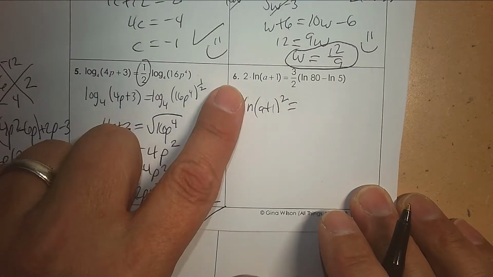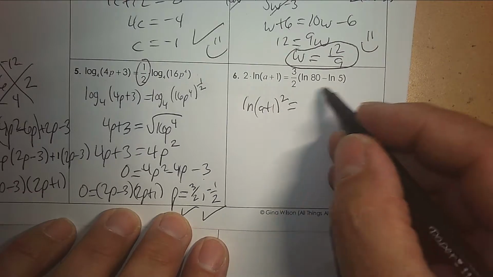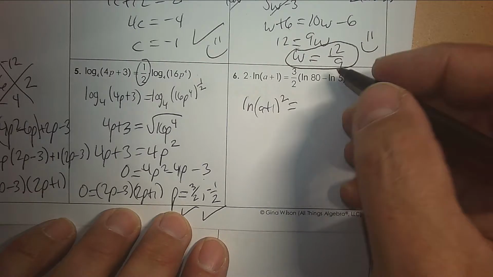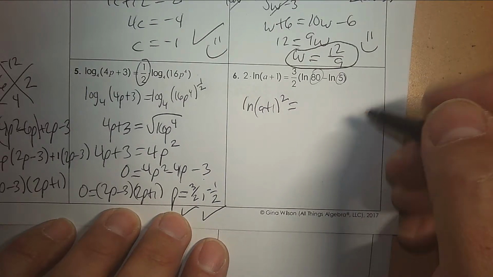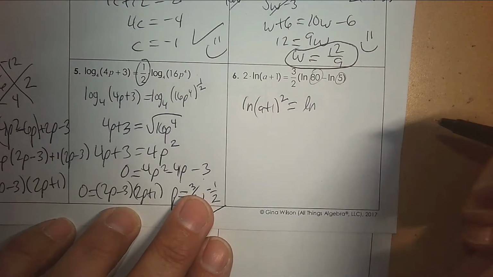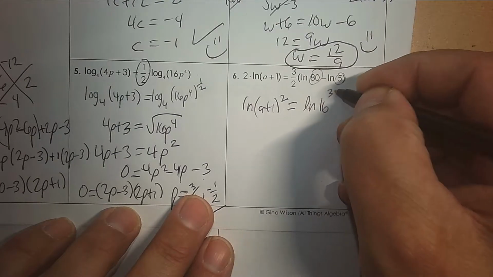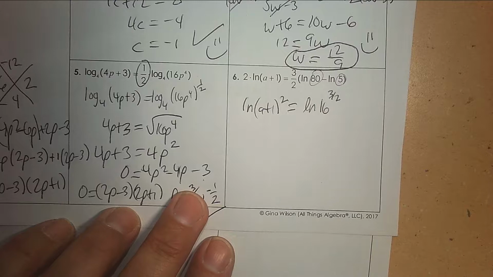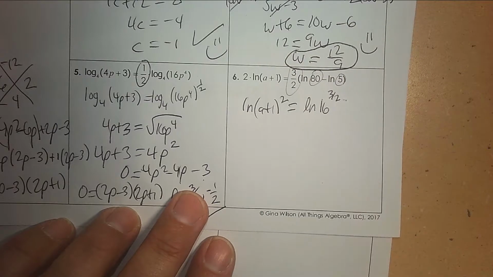The number in front is the exponent. Here, what I can do with these two numbers is divide them. Do you know that 80 divided by 5? Do you know what that answer is? 16, and then that's to what exponent because of the 3 over 2, right? So I divide, and then the number in front is the exponent.